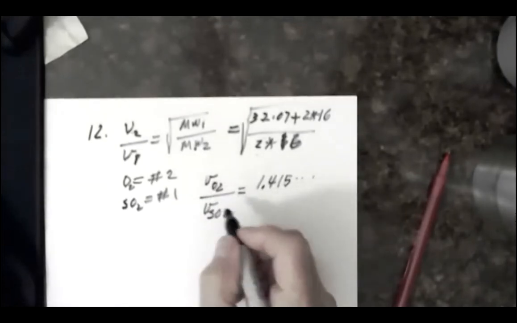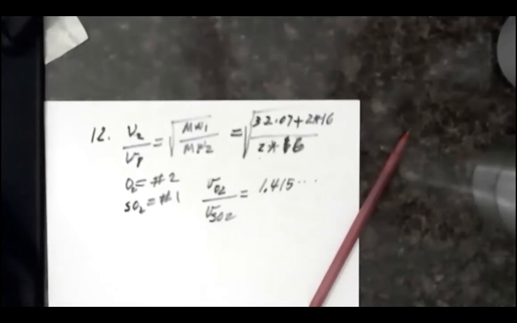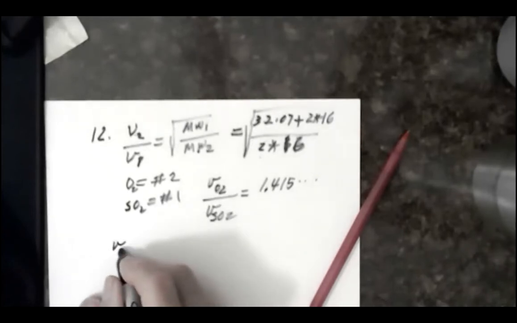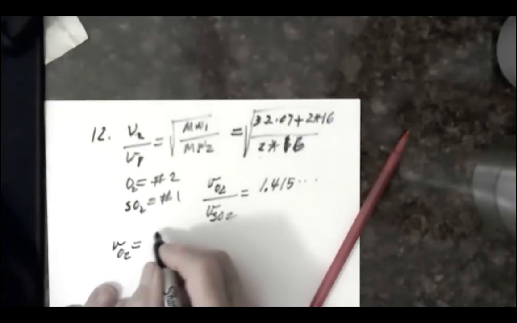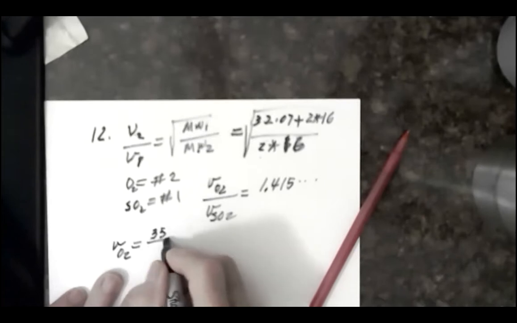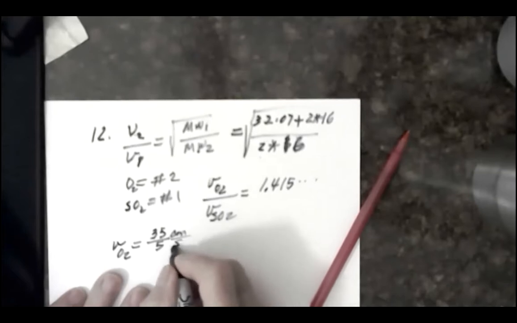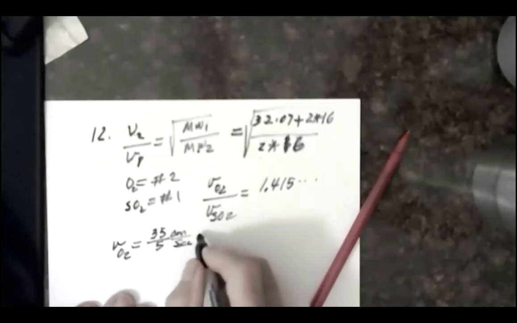Now let's put in what we know and solve for what we don't know. What we know is it takes 5 seconds for oxygen to diffuse 35 centimeters. So velocity of O2 is 35 centimeters in 5 seconds, centimeters per second. That's going to come out 7.